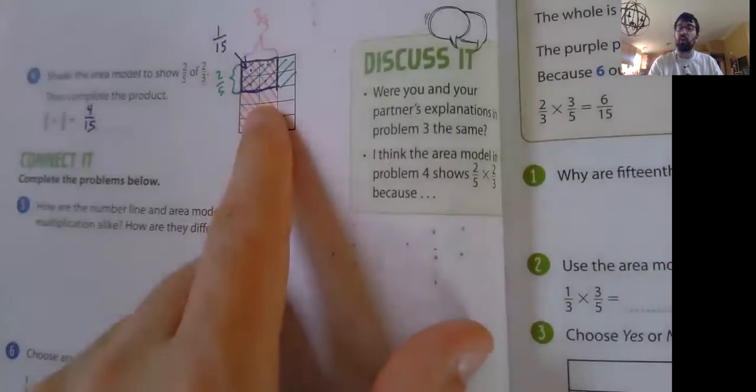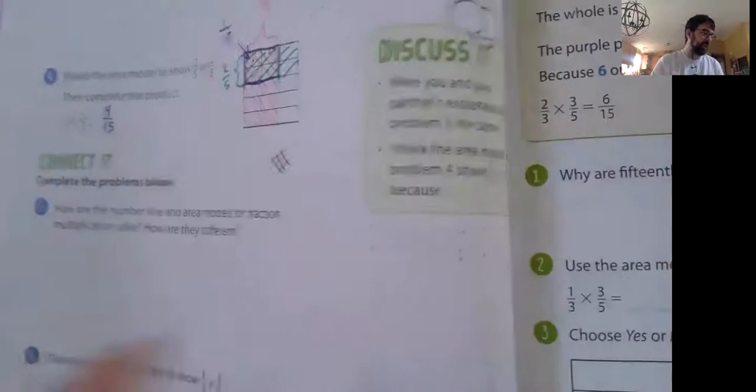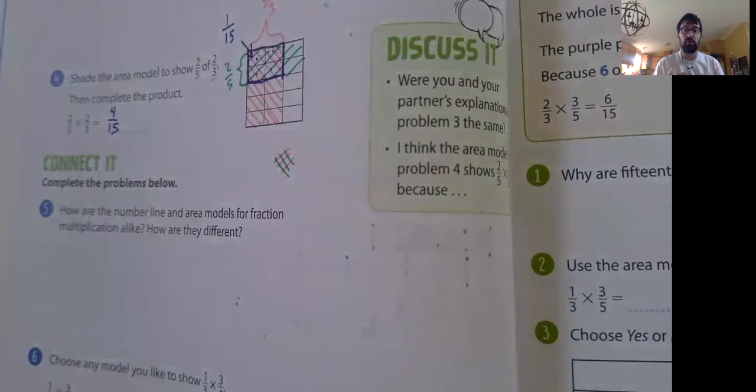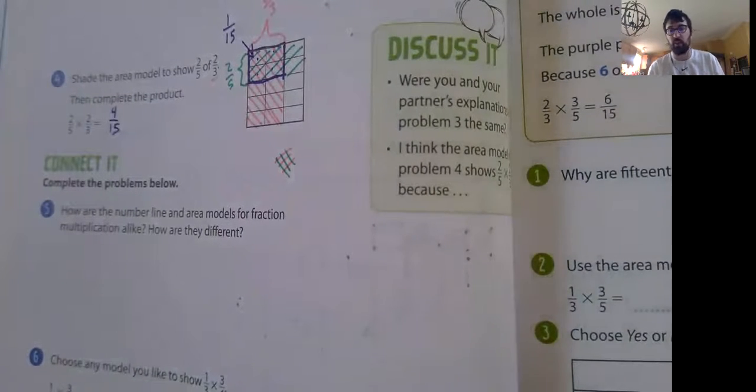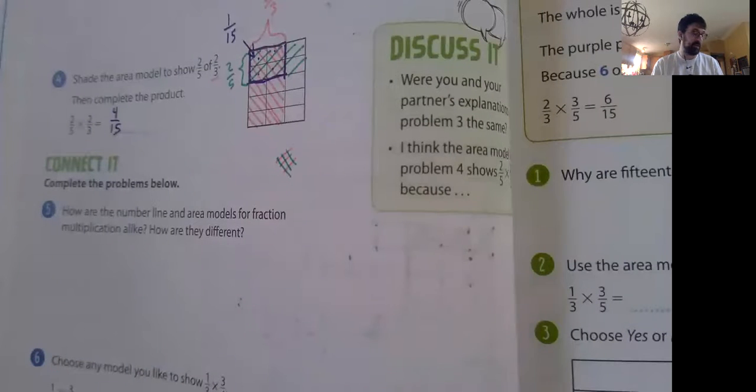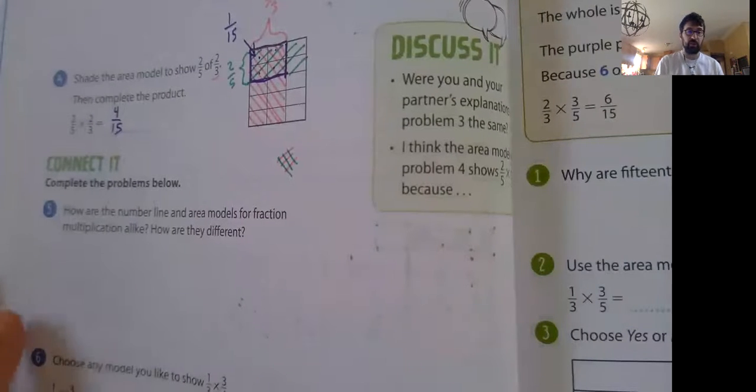Talk about how they overlap each other. But the biggest thing is I really care about how they're alike. The big point here is that they both do the same thing, just in a slightly different way, depending on how you think and how your brain works. What helps you see and understand this the best is the strategy that you should ultimately take and apply. So you can formulate your answer there.